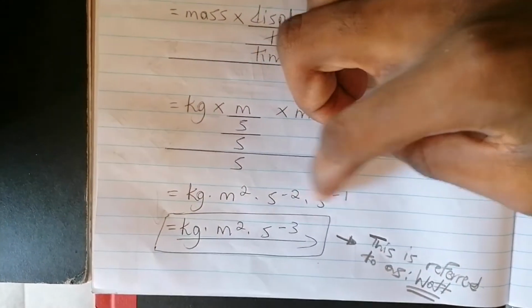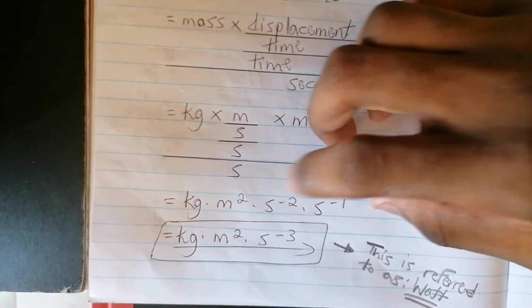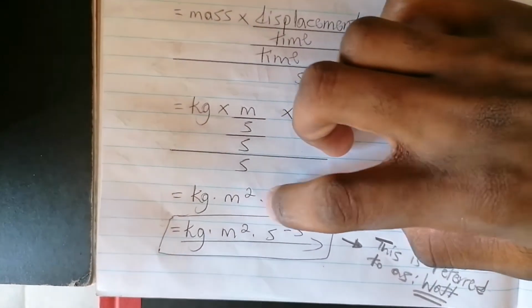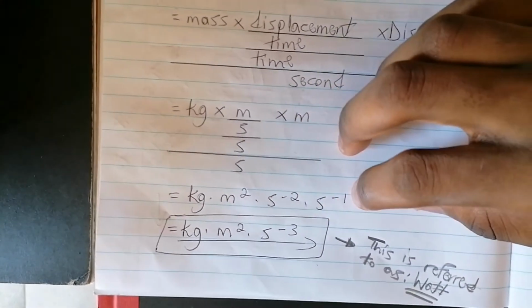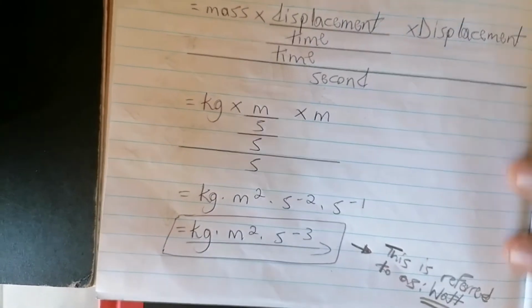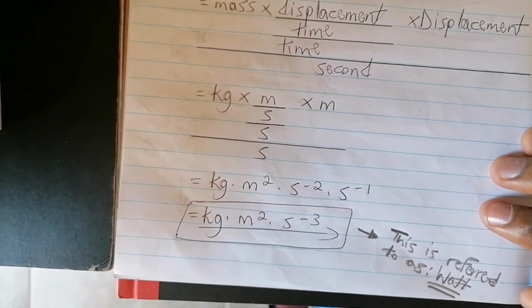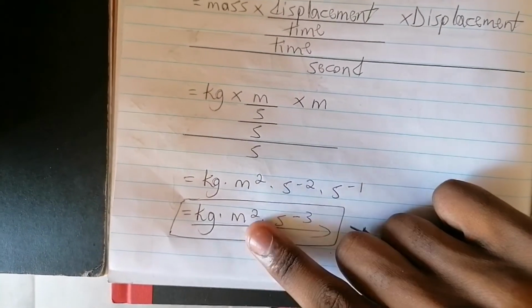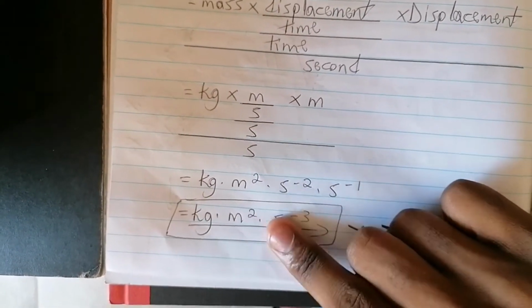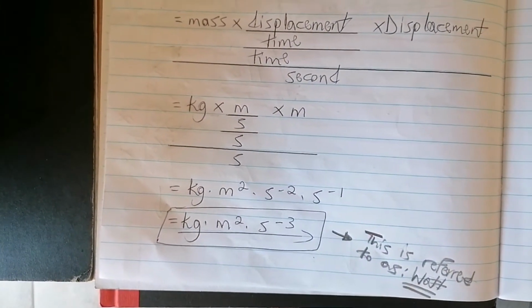Over here I made a mistake, but using the laws of exponents I was able to see that we have the same base, meaning we can add the exponents: -2 plus -1 is -3. So it is kilograms, meter squared, s to the exponent of -3.